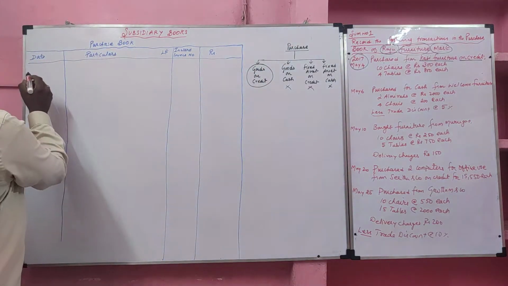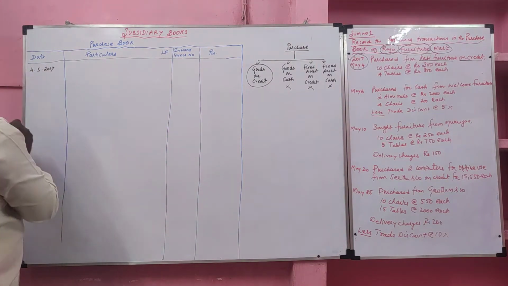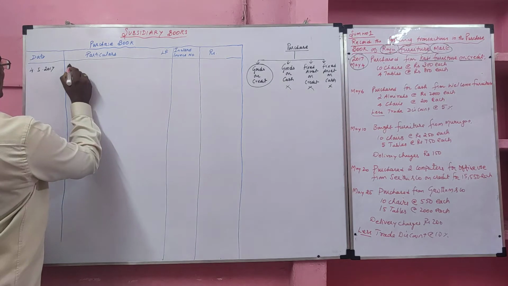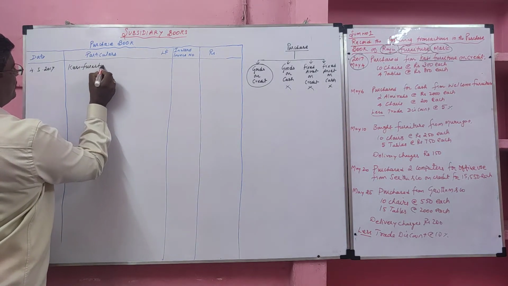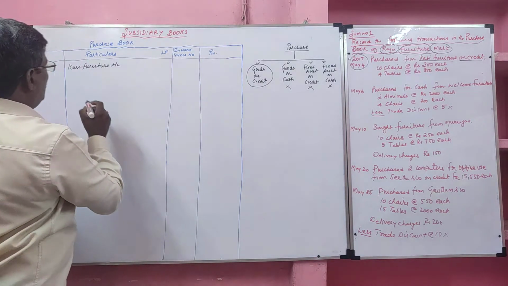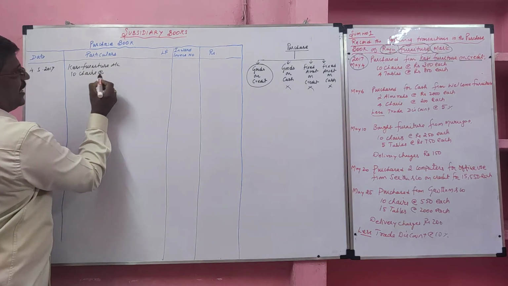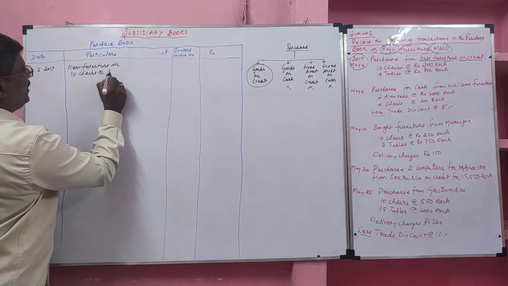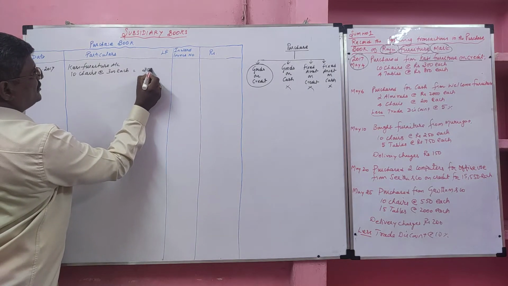So on 4th May 2017, bought from Kasi Furniture. What they bought? 10 chairs at 300 each. So total value how much? 3000.